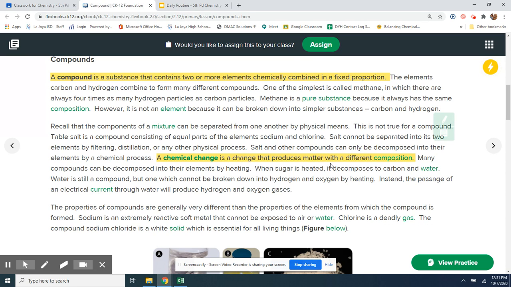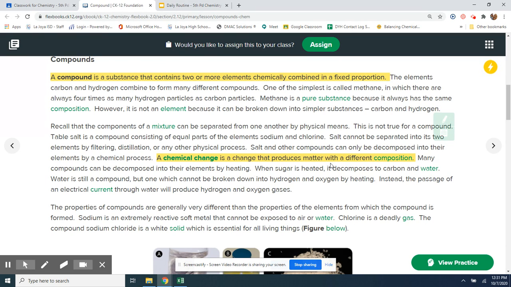Many compounds can be decomposed into their elements by heating them up. An example that they talk about is sugar. They talk about sugar being heated.